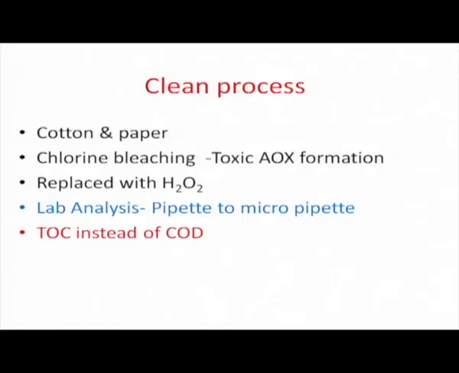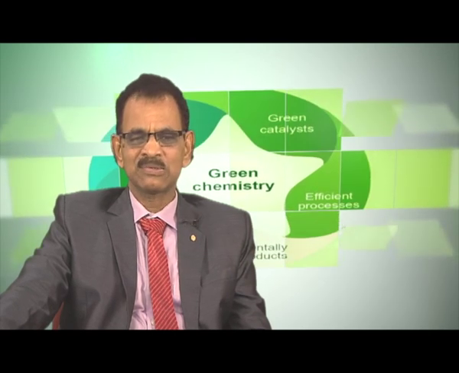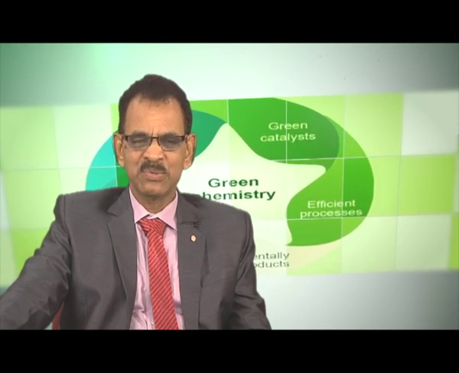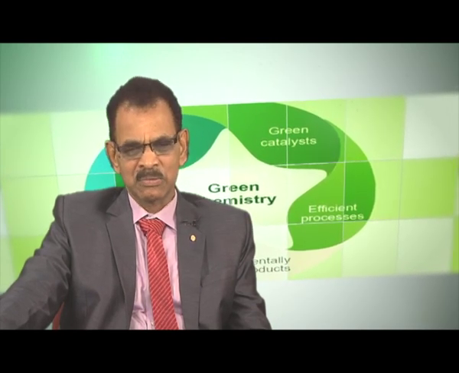Instead we can go for TOC, total organic carbon, a very quick instrumental method in which organic matter is oxidized and the carbon dioxide formed is measured by the NDIR technique.